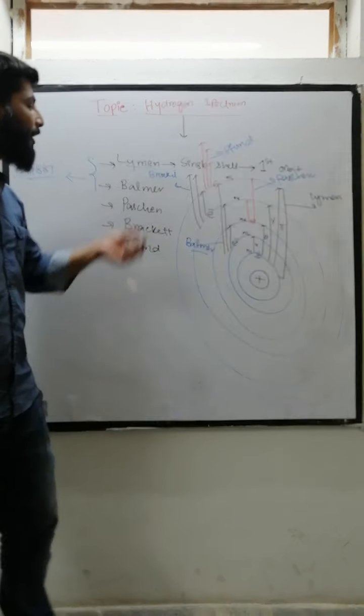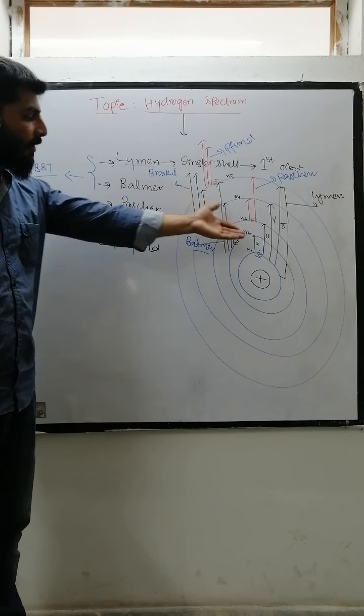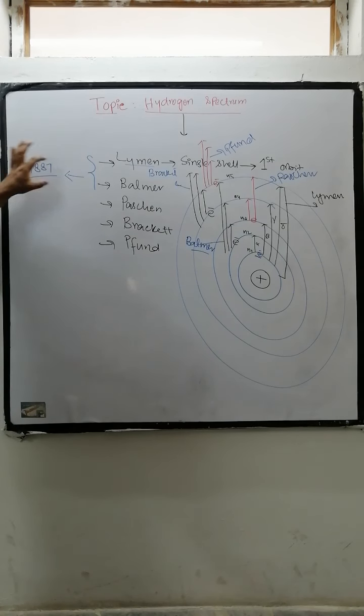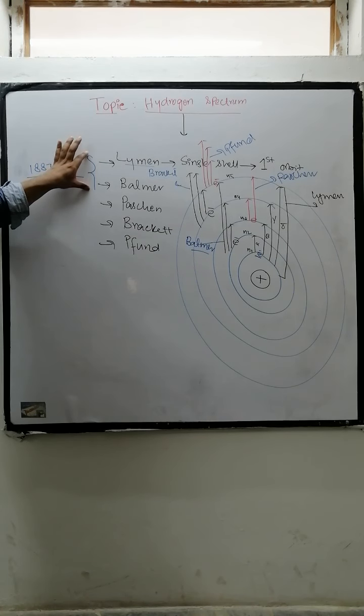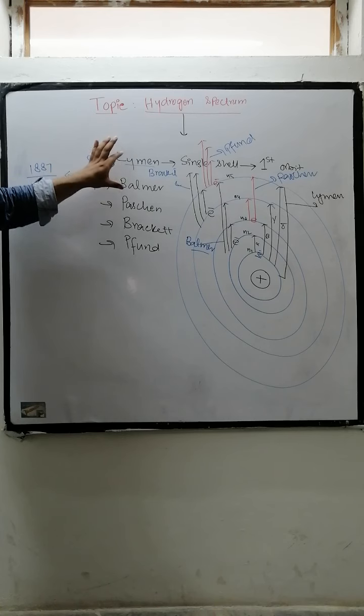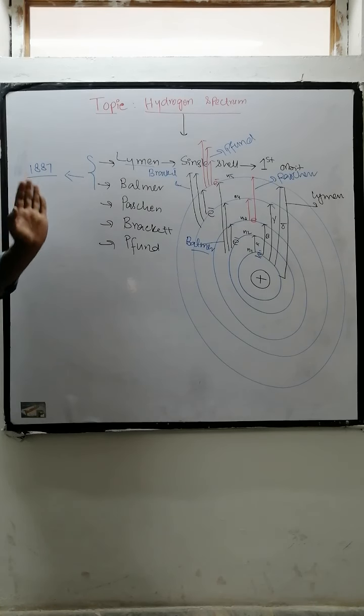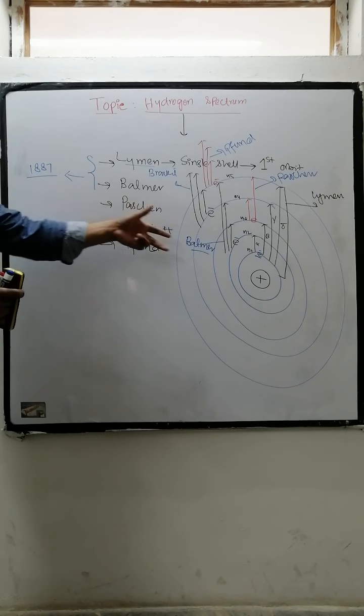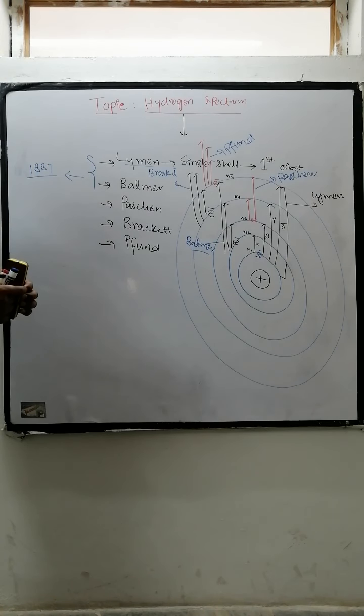That's why each pattern will be known as series. They gave the concept of Lyman and Balmer series, but they were not able to justify their concept. Bohr in 1913 explained these concepts by predicting the atomic model.